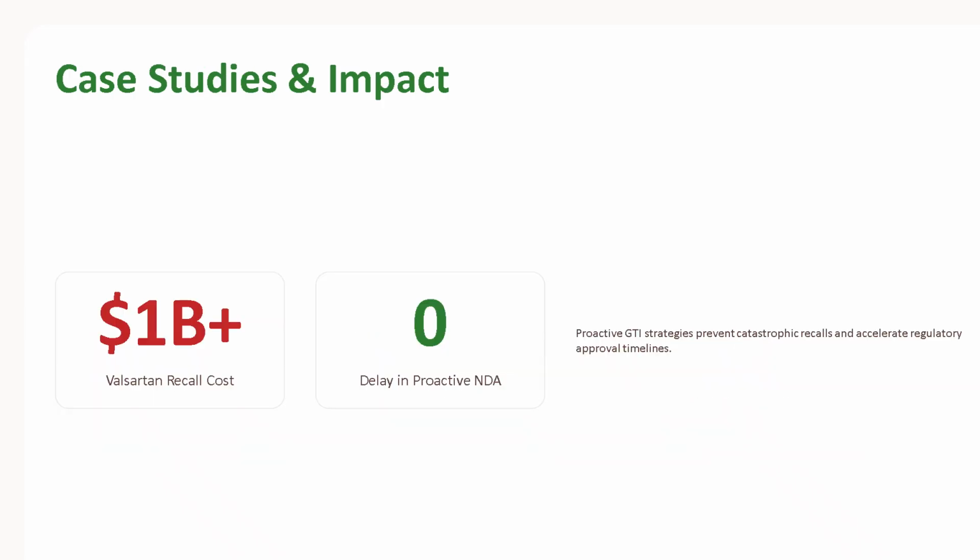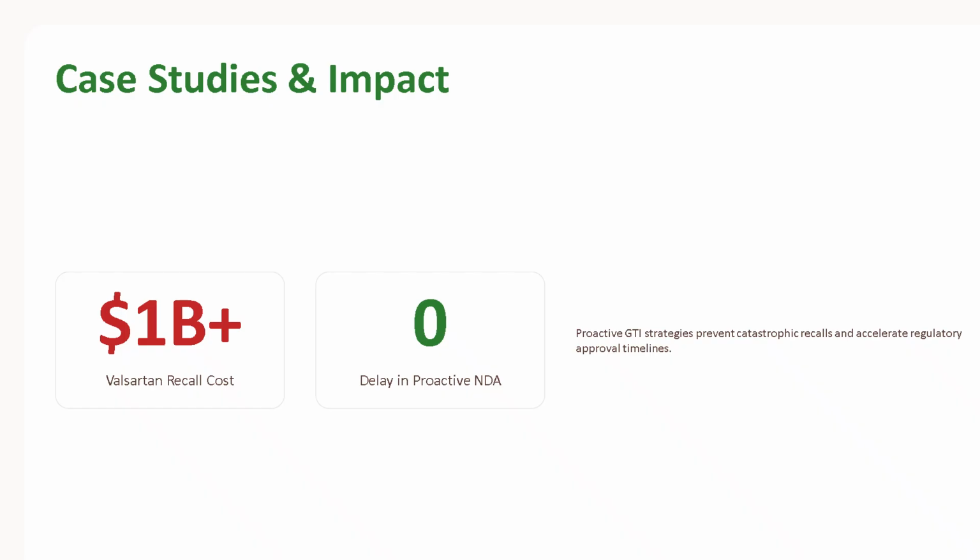The importance of genotoxic impurity control became very clear during the global valsartan recall. Trace levels of nitrosamine impurities were detected in certain batches of the drug, leading to a worldwide recall that cost the pharmaceutical industry over $1 billion. This event demonstrated how small analytical issues can have massive consequences, not only financially, but also in terms of patient trust.